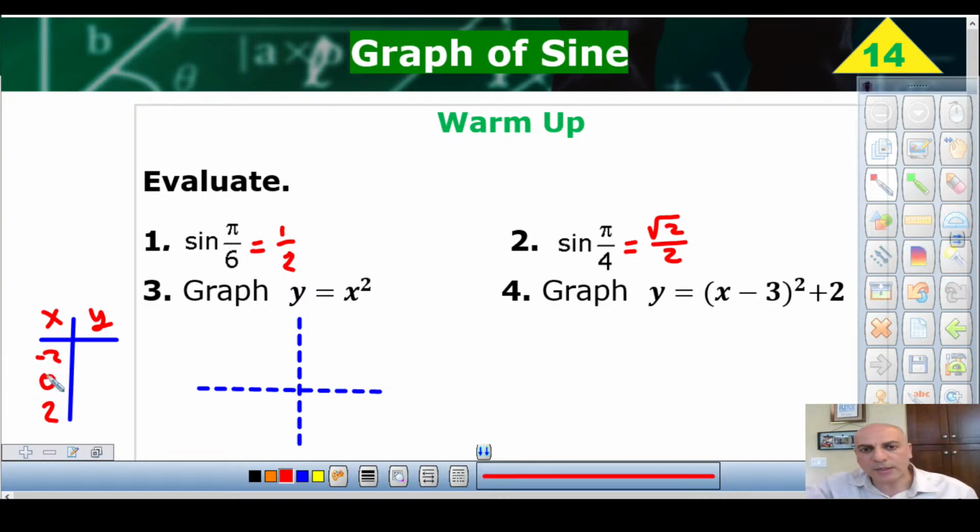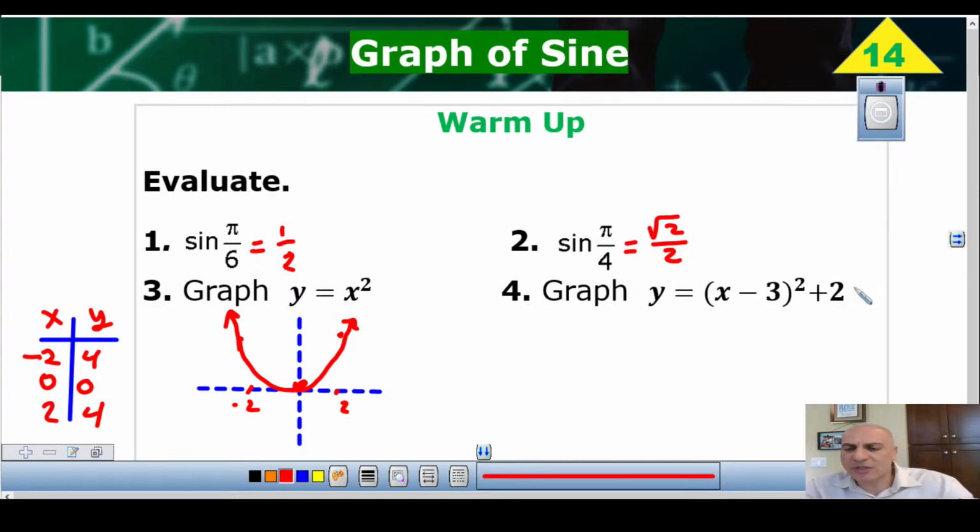If I put -2 for x, -2 squared is going to be positive 4. 0 is 0, 2 is 4. So 0, 0 is here. Let's say this is 2, this is -2. At 2, I'm going to go up here at 4. At -2, I'll go up here at 4. And it should look something like that, okay? This is y equals x squared.